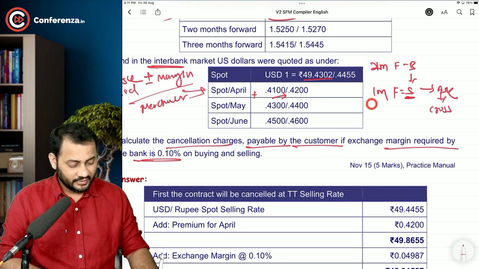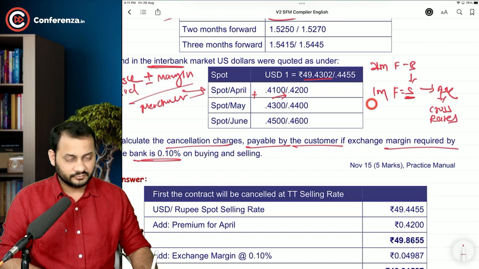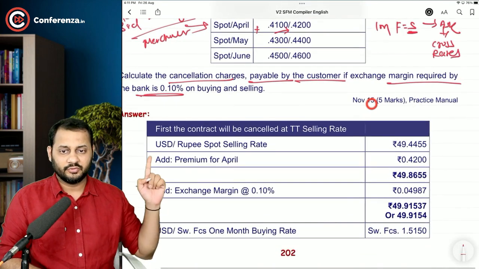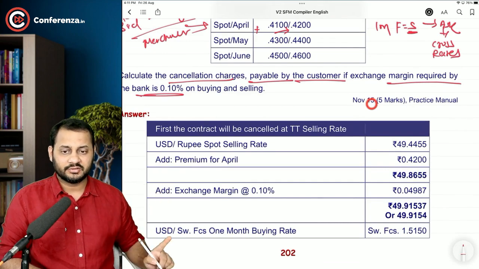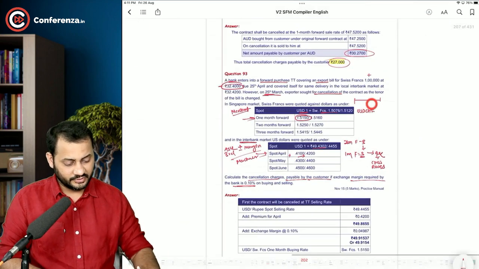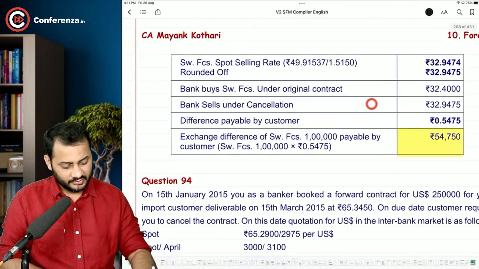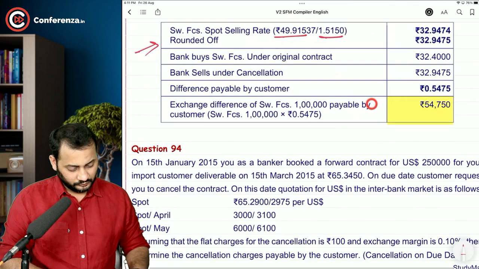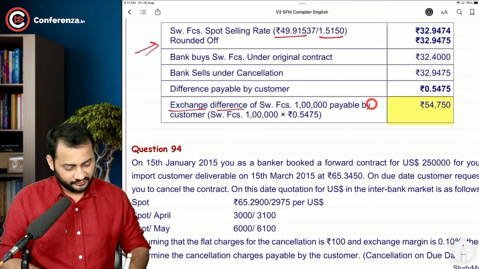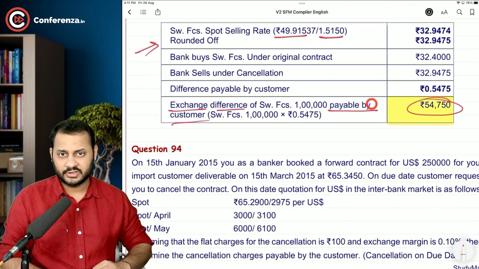That's why we have used cross rates. So this is the USD to rupees spot rate, added premium, added margin. This becomes the forward rate for this USD INR. So this is the exchange difference payable by the customer, 54,750.